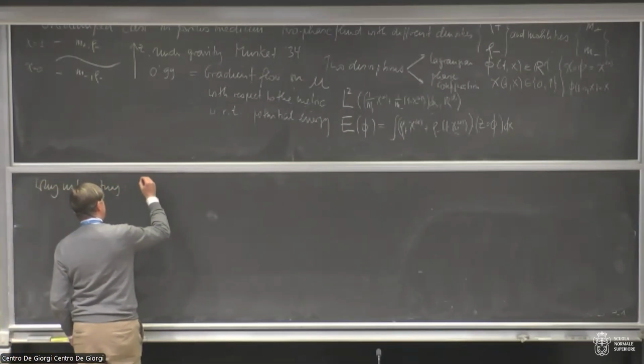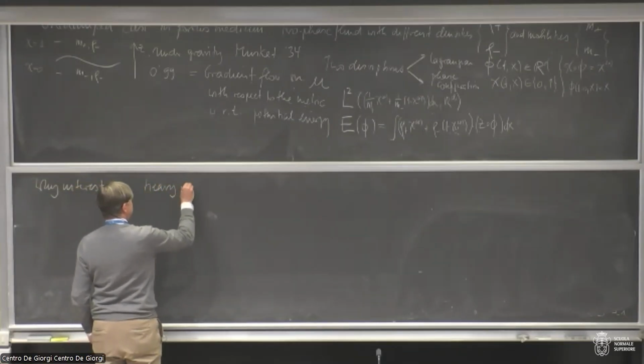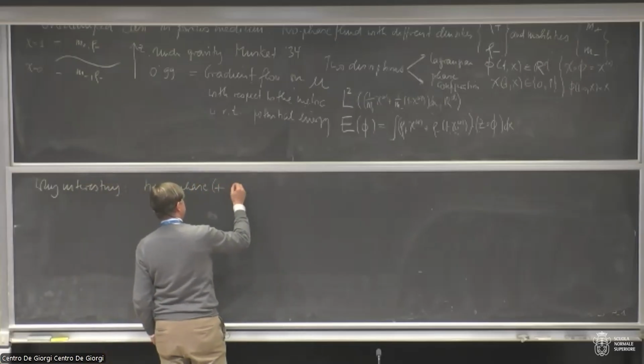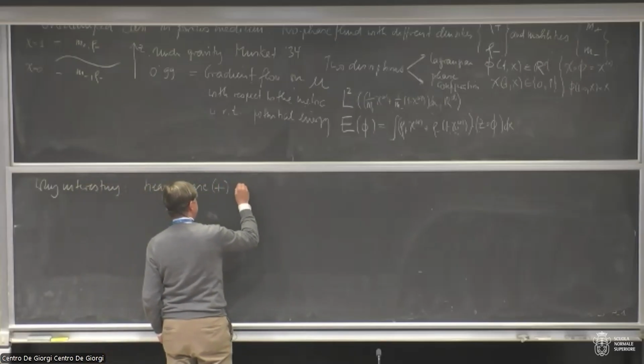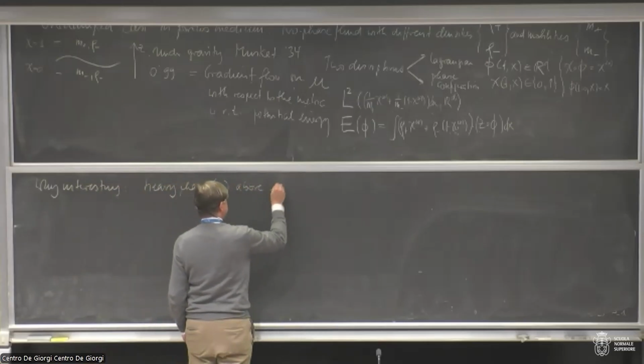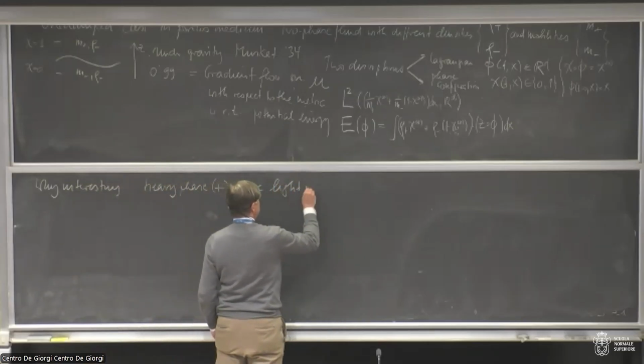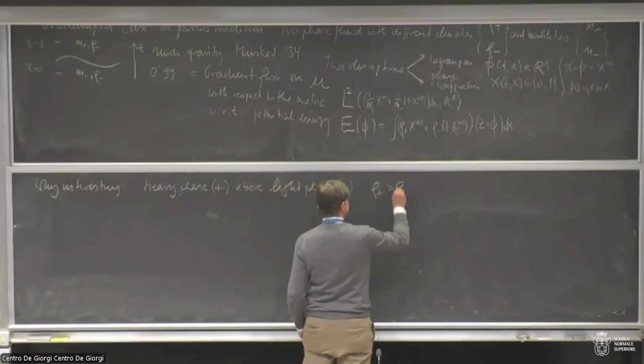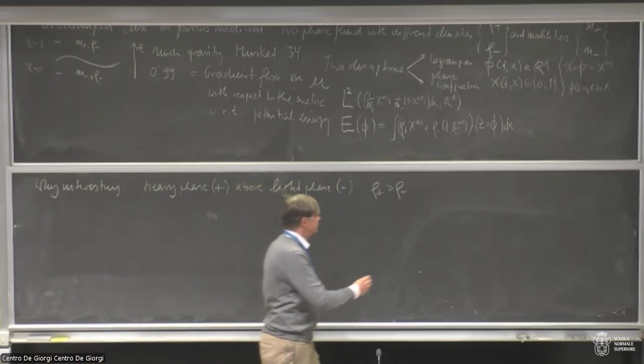It's interesting because of the unstable situation. So when the heavy phase, let's say that's the plus phase, is above the light phase, which is the minus phase, meaning rho plus is larger than rho minus, and the picture is like this.